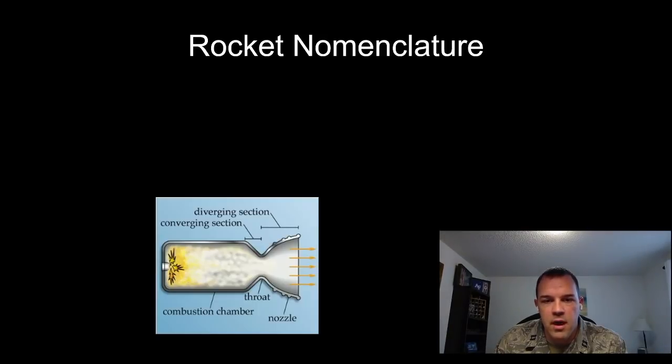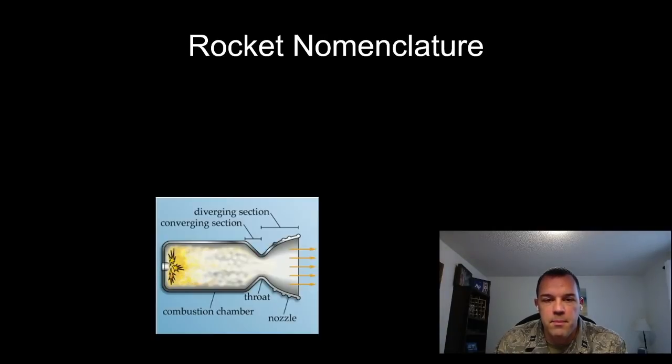Now, the way these nozzles work is we take that high pressure, high temperature gas, and we accelerate it. So in thermodynamics, you can trade pressure and temperature for velocity. And that velocity coming out the back is what provides us the thrust, according to Newton.